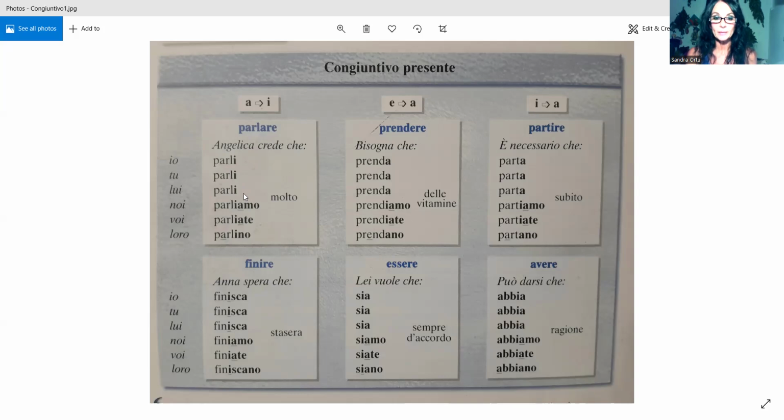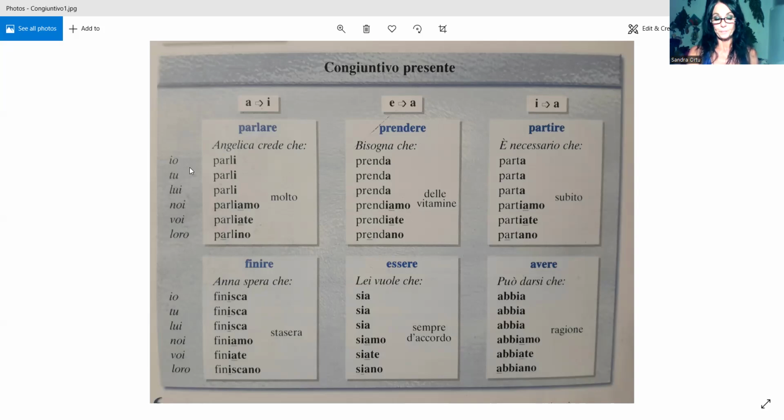In fact, unlike other tenses, which are not accompanied by the subject pronoun, io, tu, lui, lei, noi, voi, loro, here often, and especially if there could be doubt about who we are talking about, we do use the actual subject pronoun for the singular persons. So we do use io, tu, lui, lei. For the others, it's not really necessary.